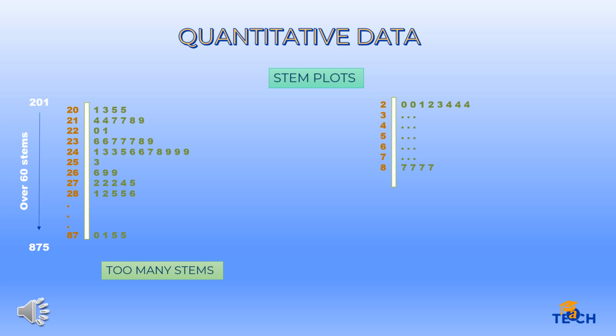For example, from the top row, instead of reading it as 20, 20, 21, 22, 23, and so on, we read it as 200, 200, 210, 220, 230, and so on. This is because the original data was in the hundreds place.